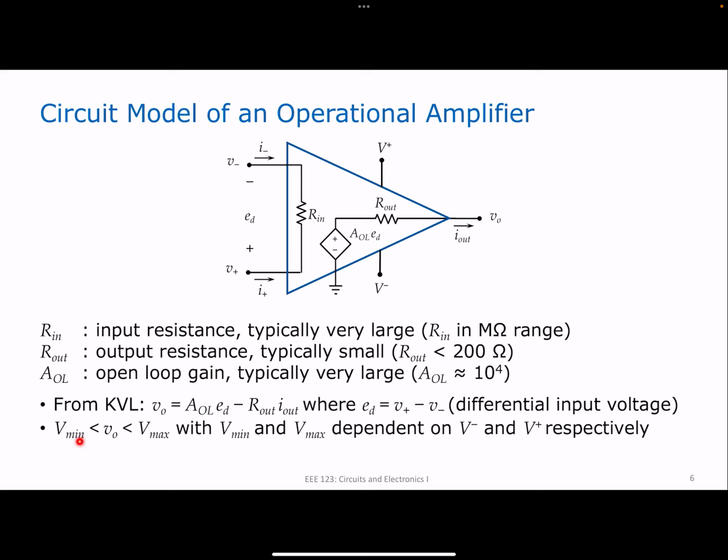V sub O cannot become smaller than V min and cannot become larger than V max. V min and V max are dependent on V minus and V plus respectively. In other words, the larger the magnitude of the positive and the negative supply voltage, the larger the possible output voltage range of the output of your operational amplifier.